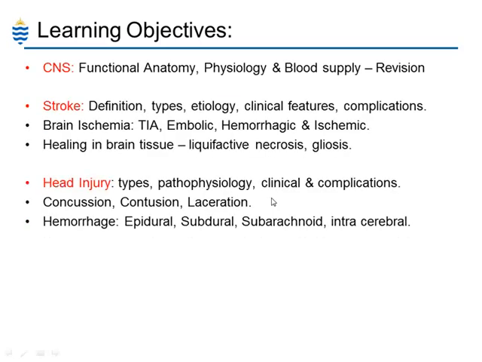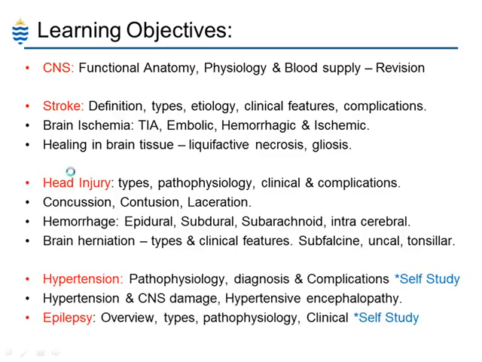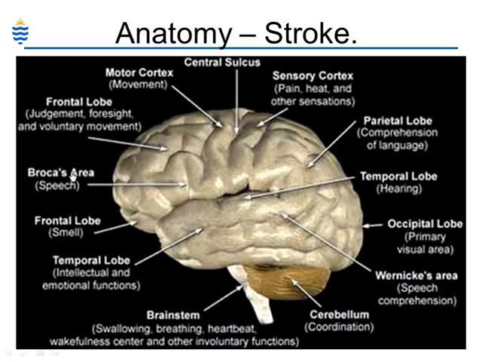I will skip all this because it is just stroke and head injury, the major. Always remember the major functions of the frontal lobe, parietal lobe, temporal lobe and different functions, because in the exam we give clinical history suggestive of which area. So your diagnosis depends on that.